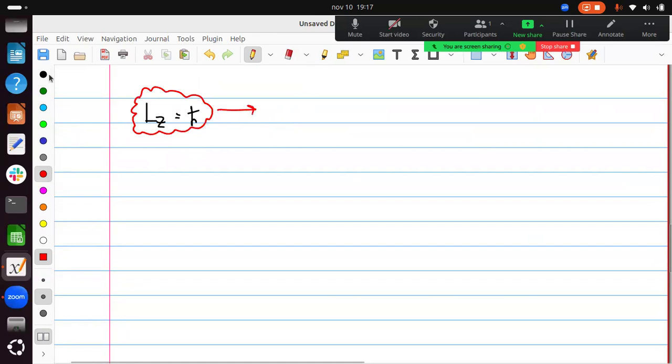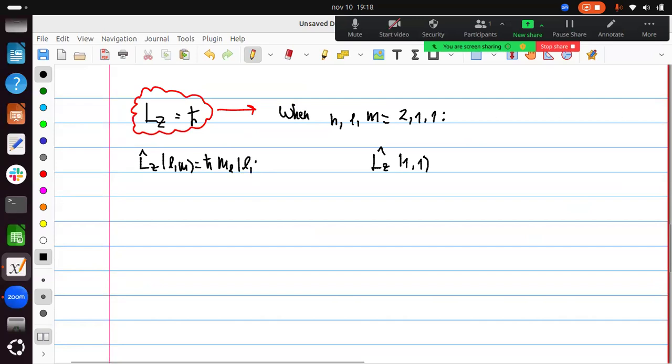Those will be when n, l, and m are equal to 2, 1, and 1. And in that case, the operator will behave like this. Lz operator with the ket 1 and 1. Because you need to remember the formula Lz, l and m is h bar m with the subindex l and m.